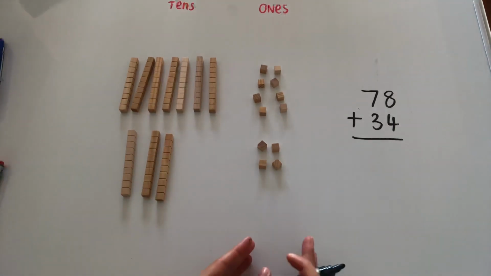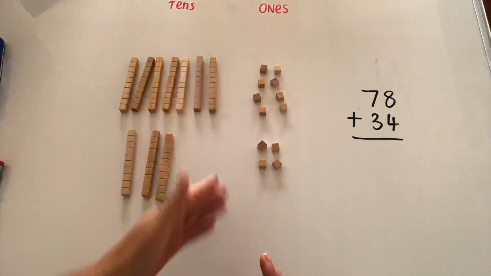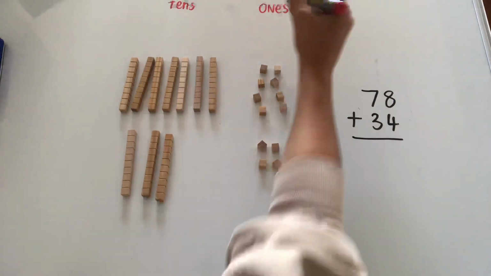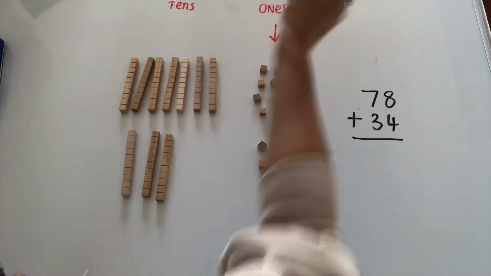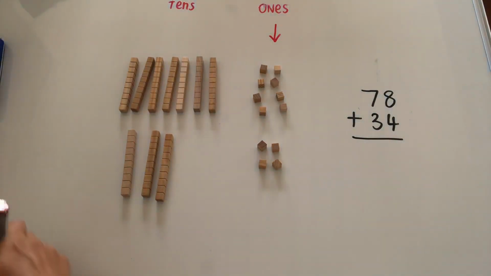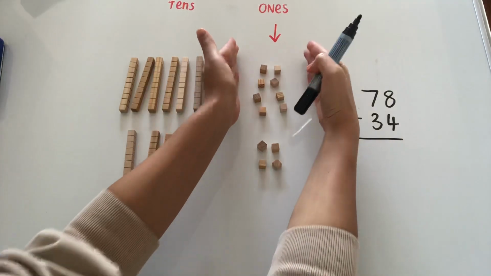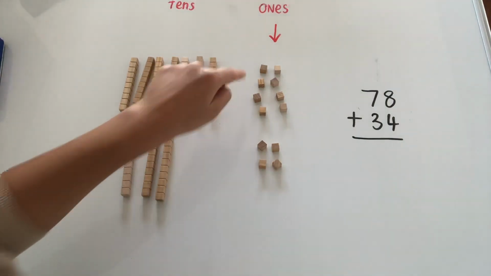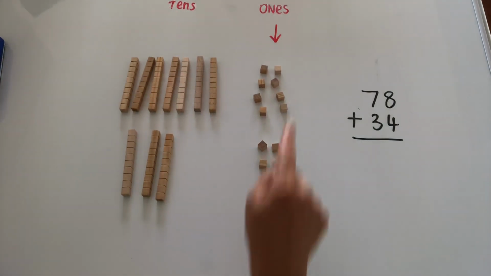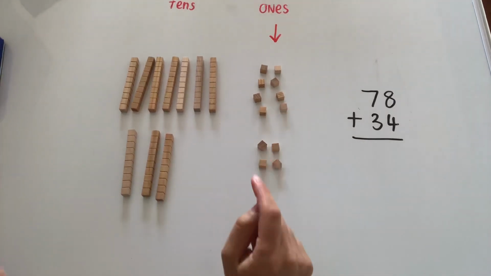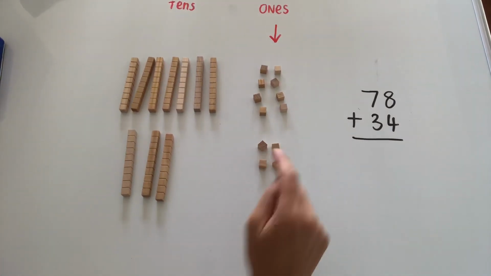I'm starting with the right-hand side, so we always start with our ones column. I'm going to draw a little arrow at the top here to remind me that I must always start with the ones column. First step, we add the ones together. We're just focusing on this section here. So 8 ones add 4. I'm going to use my counting on strategy to help me. 8, 9, 10, 11, 12.